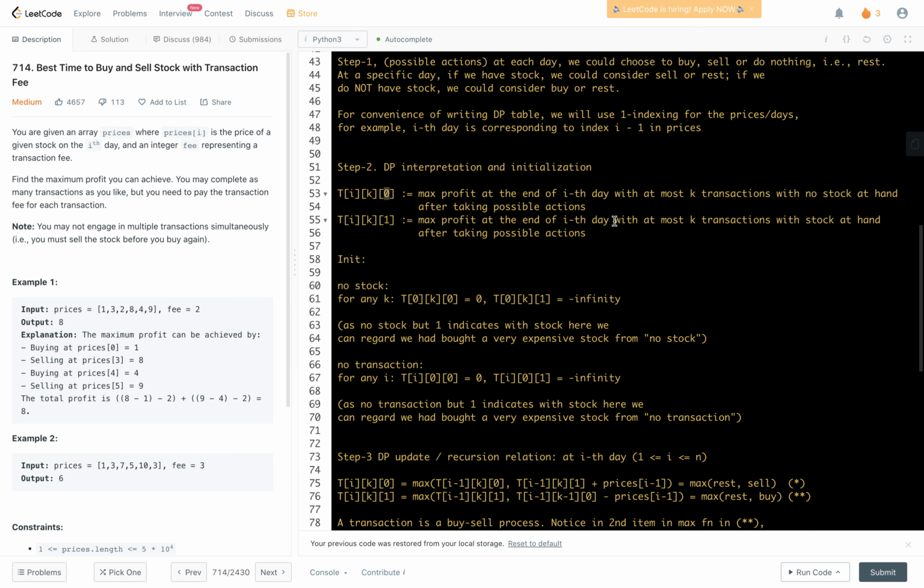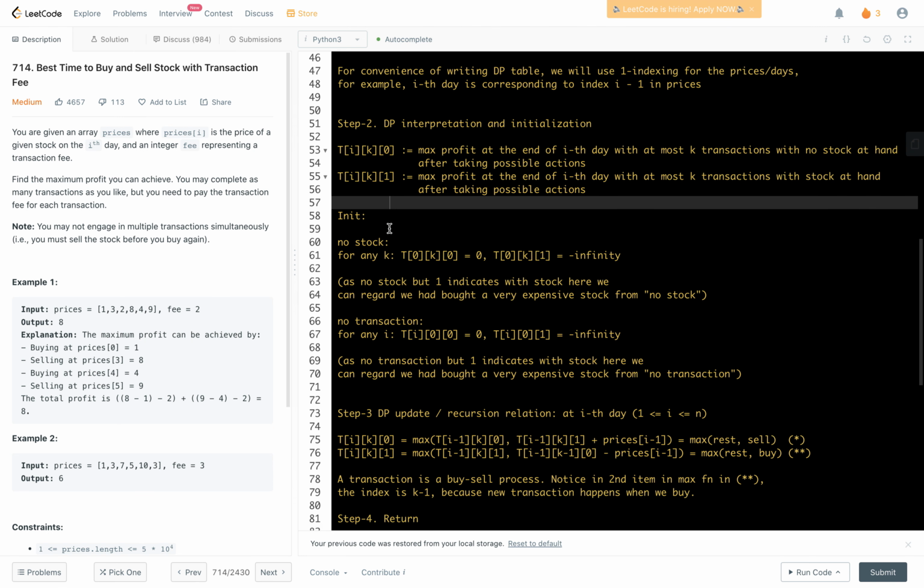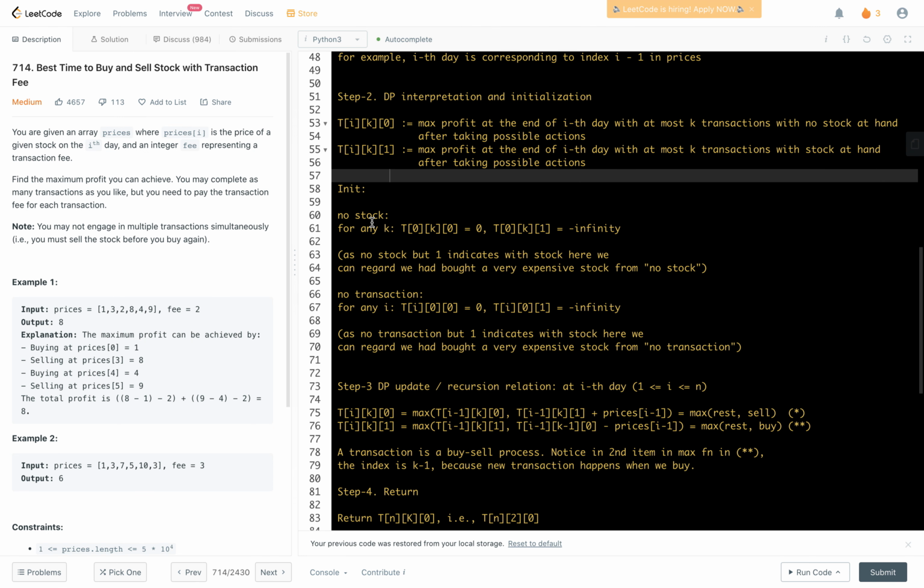T[i][k][1] is the max profit at the end of day i with at most k transactions with stock at hand. That's the 1 here. So again, 0 is no stock, 1 is with stock, after taking possible actions. That's the meaning of T[i][k][1].